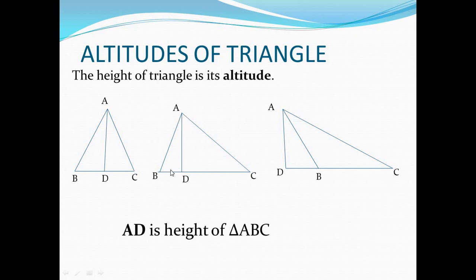In an obtuse angle triangle, the height, that means the altitude, will come outside the triangle. In an equilateral triangle, median and altitude are both the same. Therefore, AD is called the height of triangle ABC.